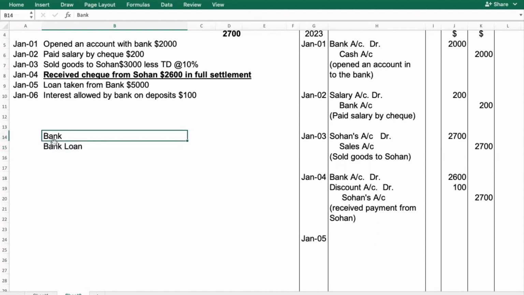This first account, the bank account, represents my account. In that account I will get 5,000. A bank will never give the loan amount in hand.